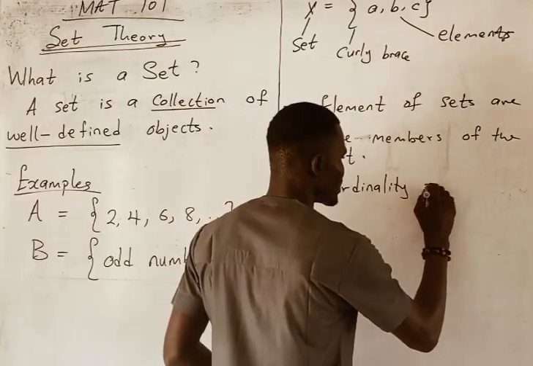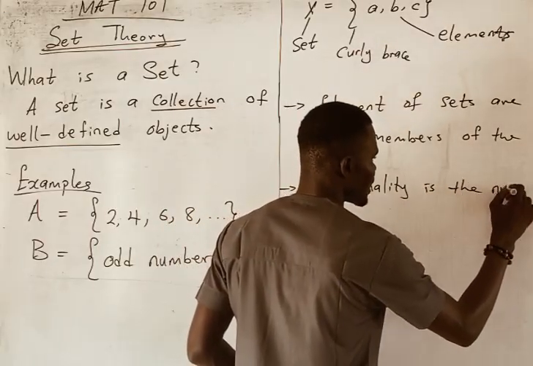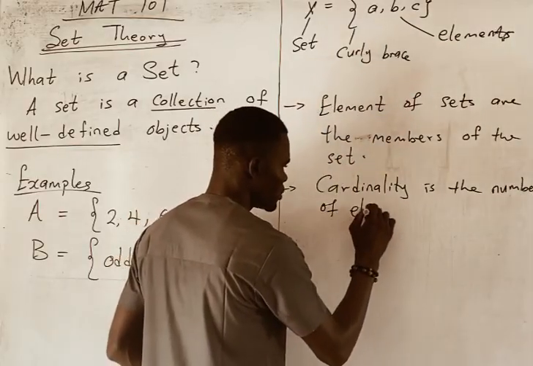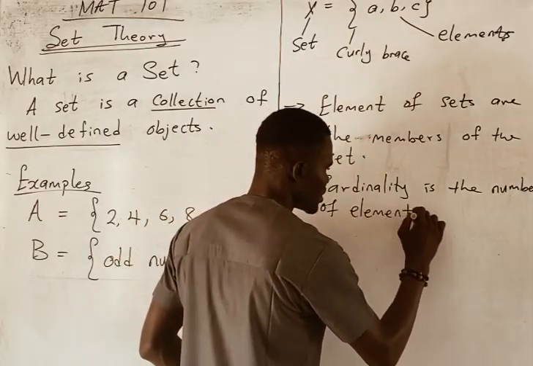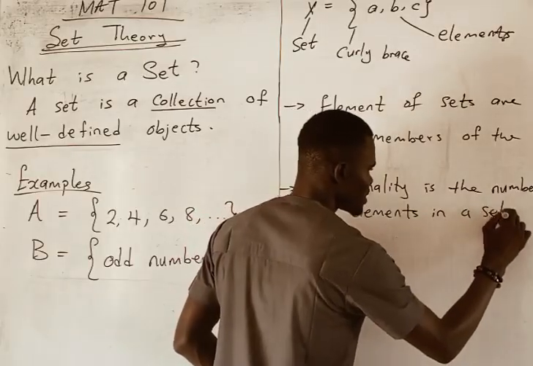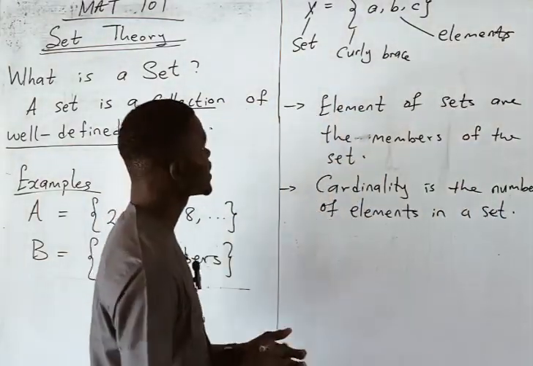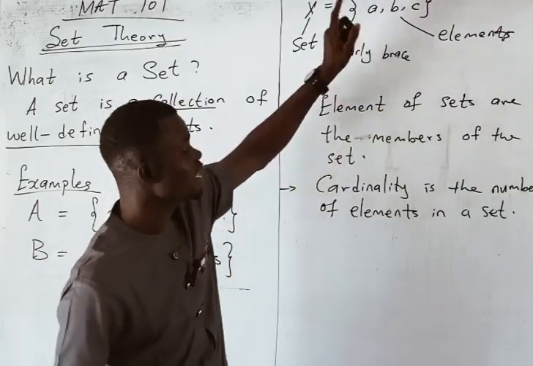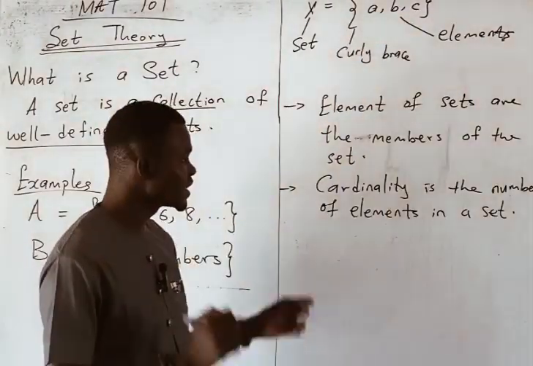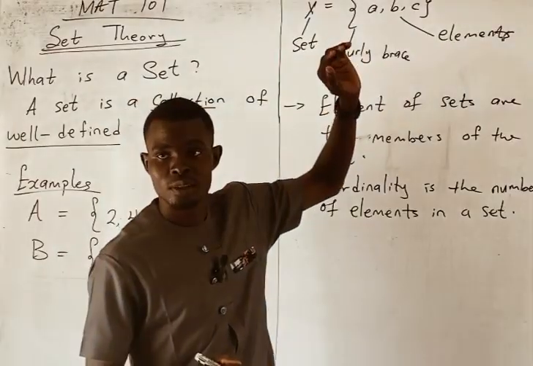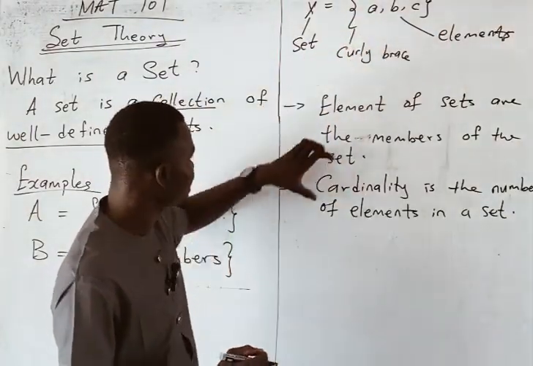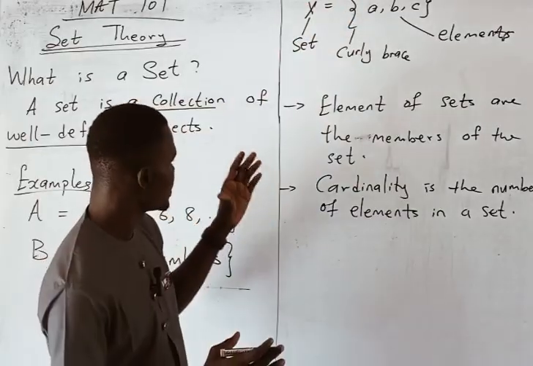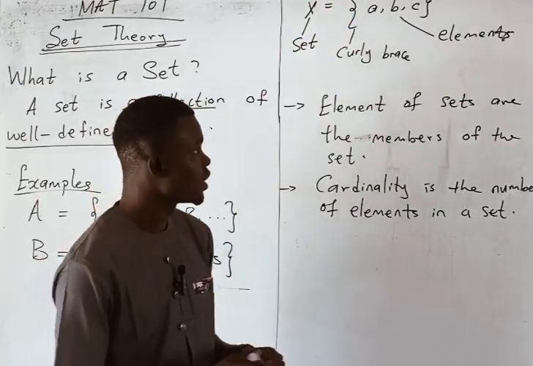Cardinality is the number of elements in a set. So let's say this is a set X. The elements of this set X are A, B, and C, while the cardinality is 3. We have 3 elements in this set, and the cardinality of this set X is equal to 3. That is what we mean by elements of a set and cardinality of a set.